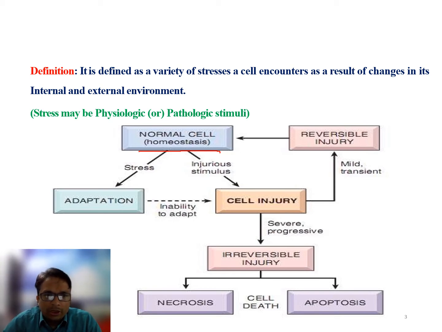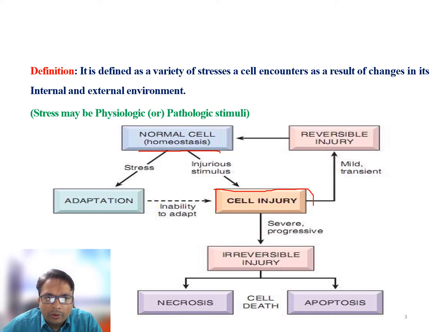Now, due to some reason, if the cell goes through stress, and this stress has been quite injurious, cell can directly go to cellular injury. For example, suppose a chemical has gone directly over the surface of the cell, and this chemical has been toxic to the cell. This results in direct cellular injury.